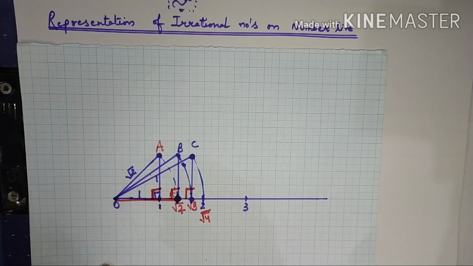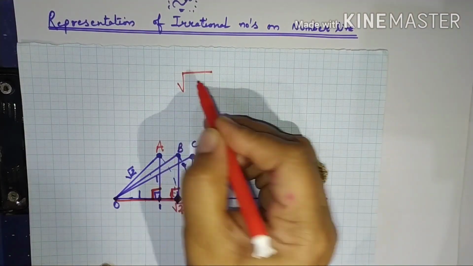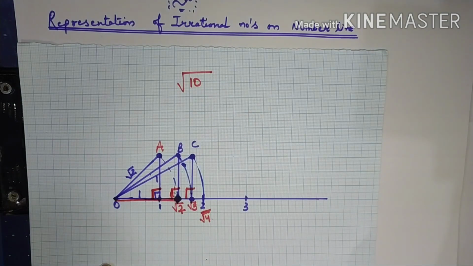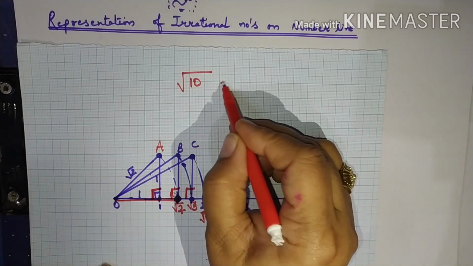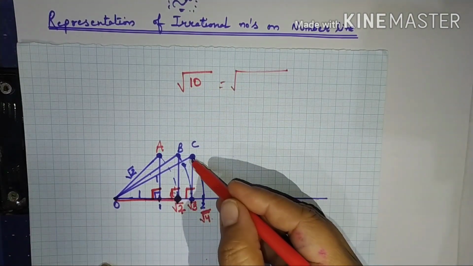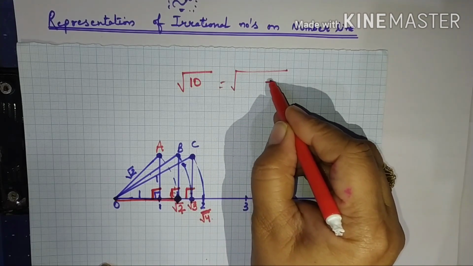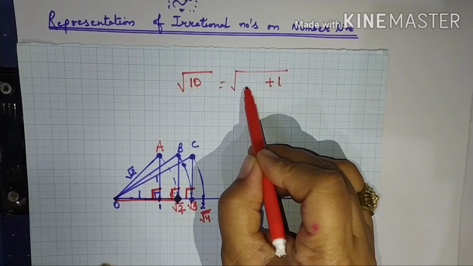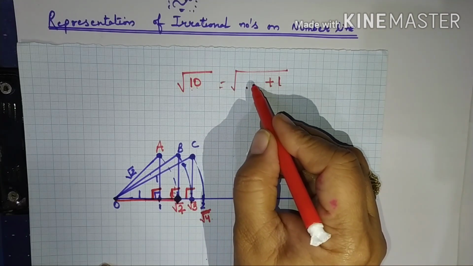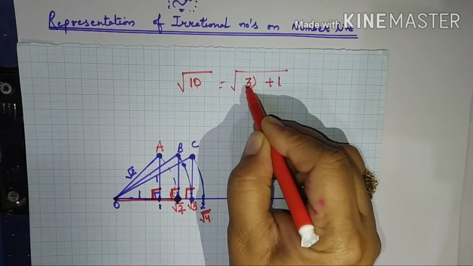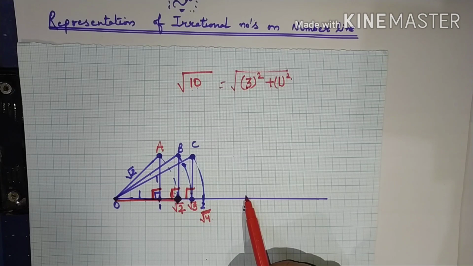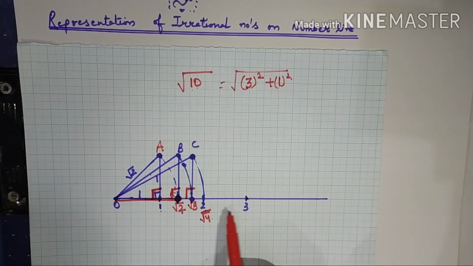One more thing I want to tell you. Suppose you have to represent root 10 on the number line. Directly you can see how. We know the perpendicular unit we are taking is 1. 10 minus 1 is 9. How will I get 9? 3 squared is 9 and 1 squared is 1, so this is 3: 1, 2, 3.